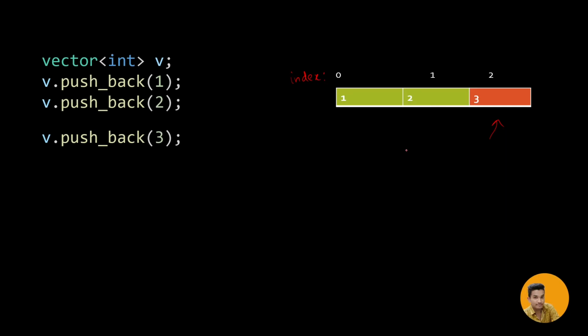Now let's say you want to display 2, then these indexes are there just like an array, so you can use these indexes to show the data present at that index. So if I do cout v of 1, that means this is our vector and v of 1 is 2, so it is going to display 2.